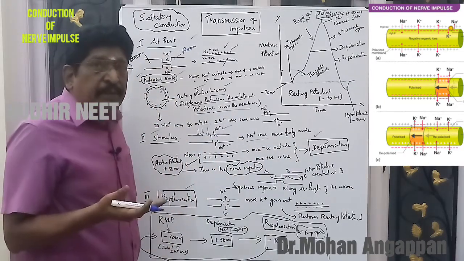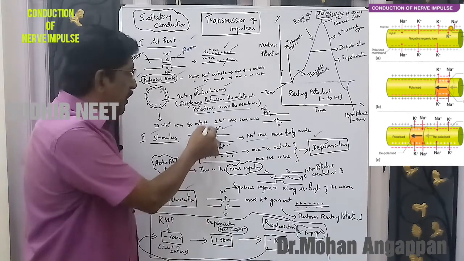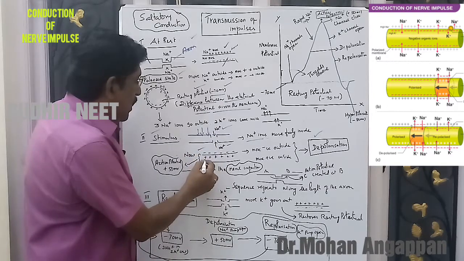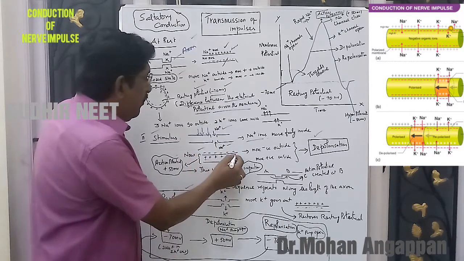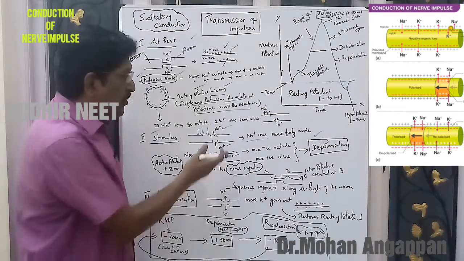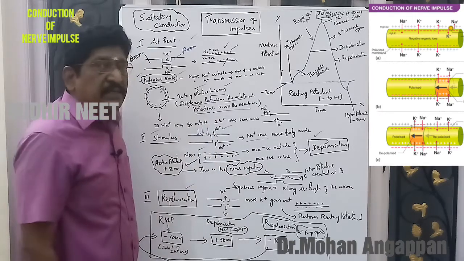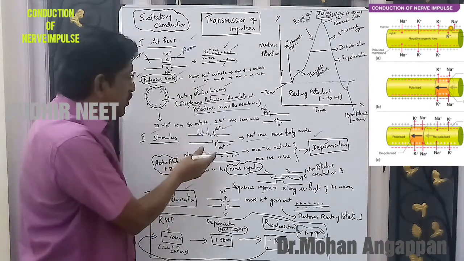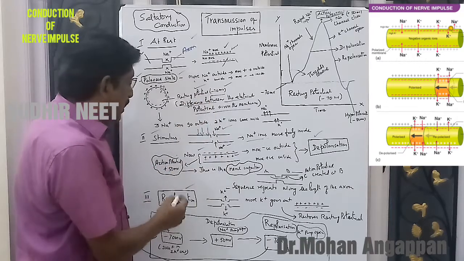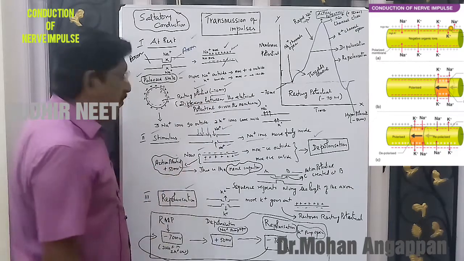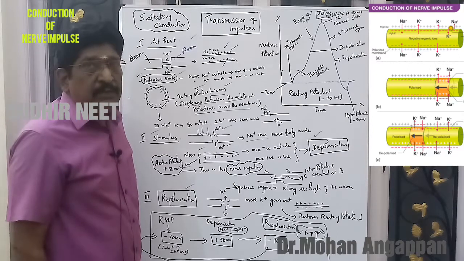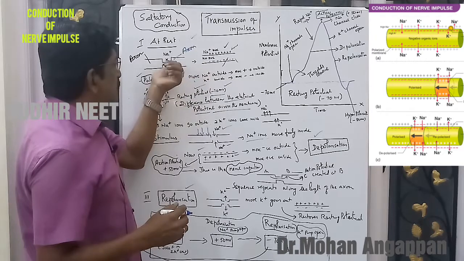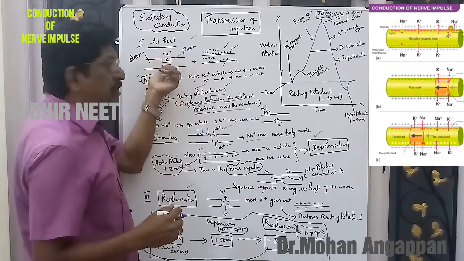Since more sodium ions are coming inside, inside there will be more positive charges, and outside there will be less. So inside, from minus 70 millivolt, the potential comes to plus 50 millivolt. You got the point? So at rest what happens? Sodium channels are closed, sodium ions cannot come in.